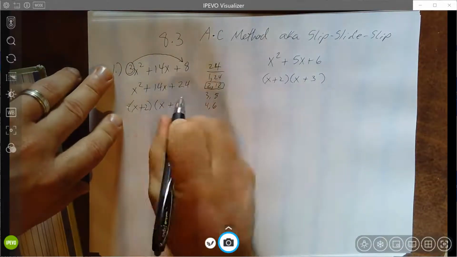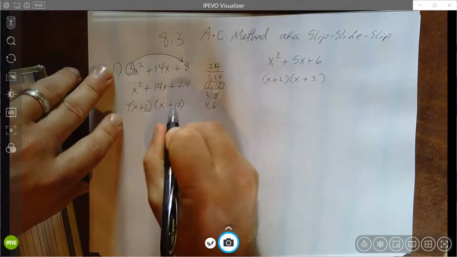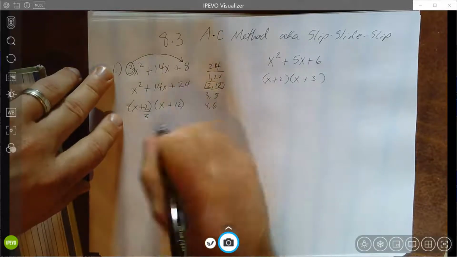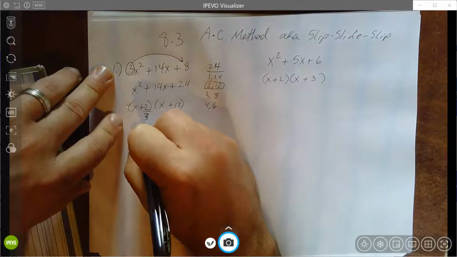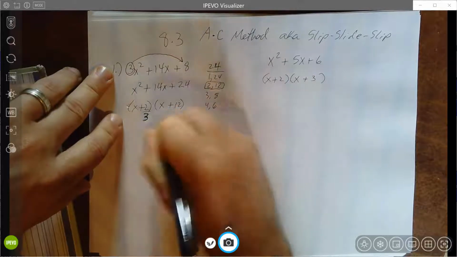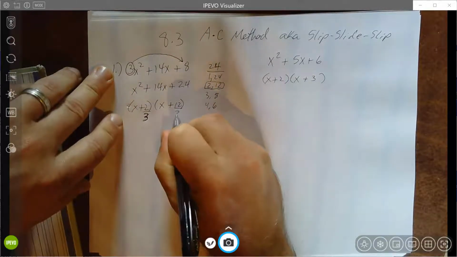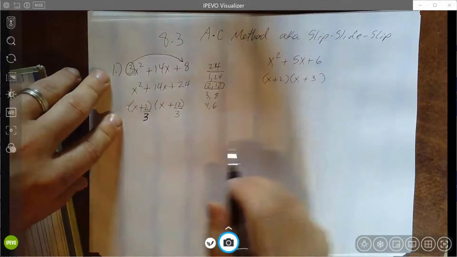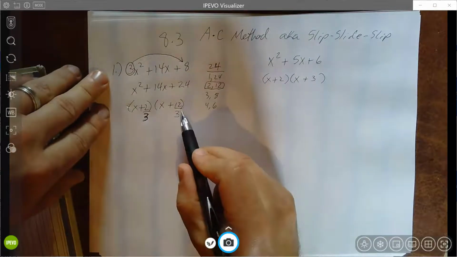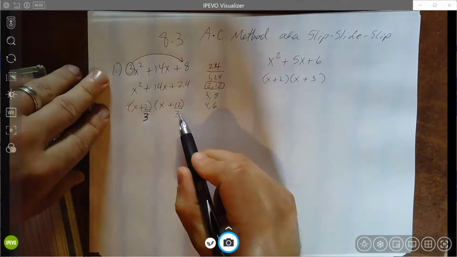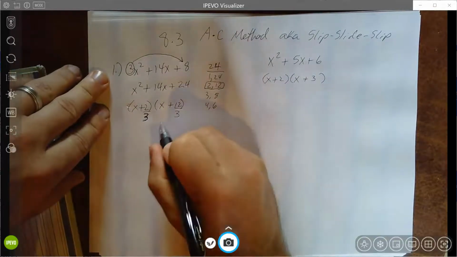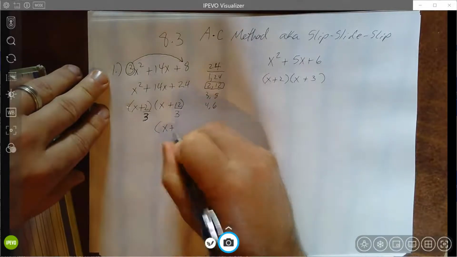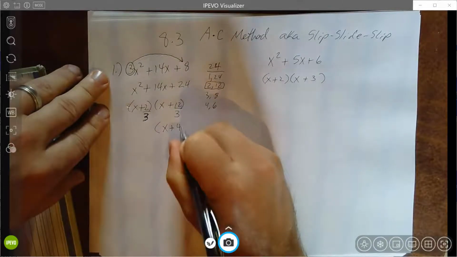So we take these two numbers that the 24 became, and we divide both of them by the 3 that we multiplied earlier. We divide both of these numbers by 3. And then, if you can reduce the fraction, reduce the fraction. Like this one here can reduce. What does it reduce to? 12 over 3 reduces to 4. So that just becomes x plus 4.